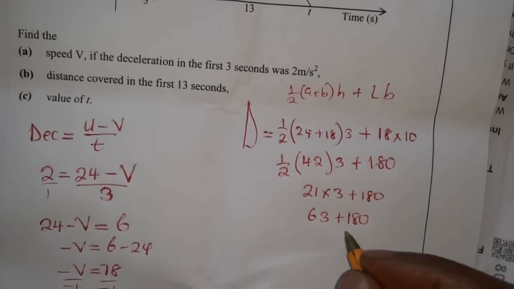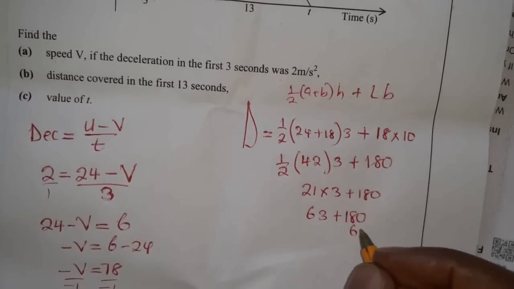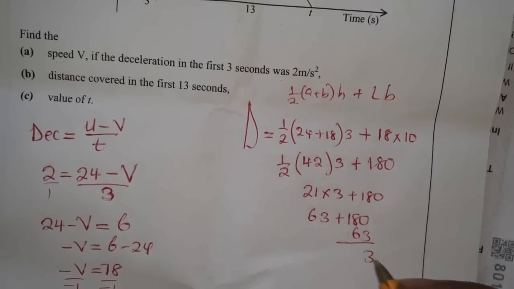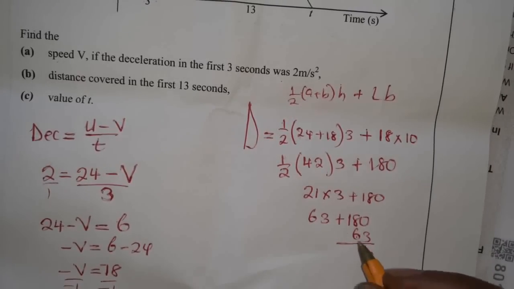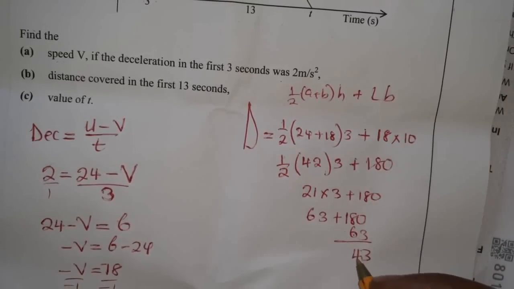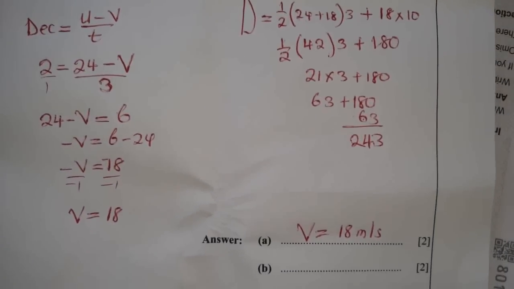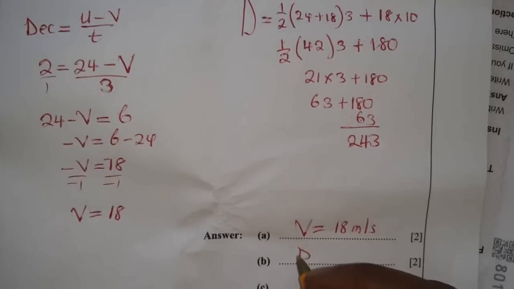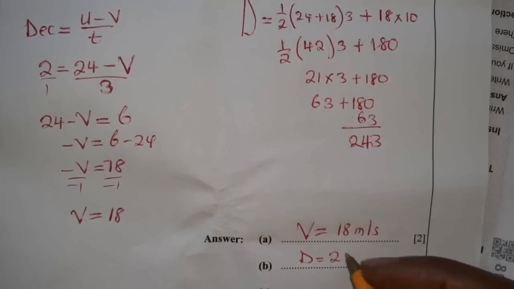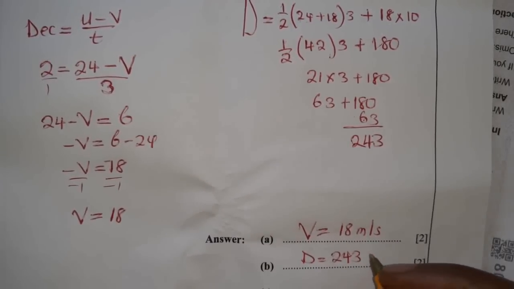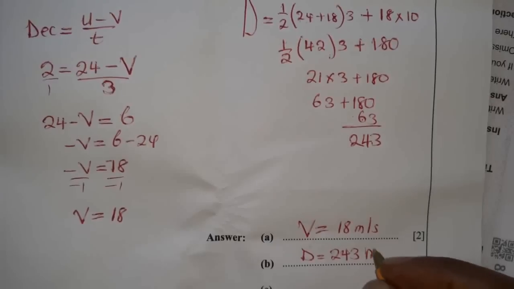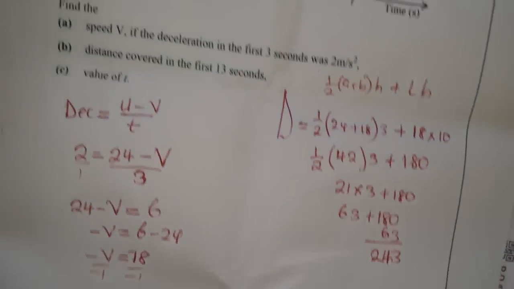When we add this, this gives us 243. So take note, the distance there is going to be 243 m, if we have not made any mistake.